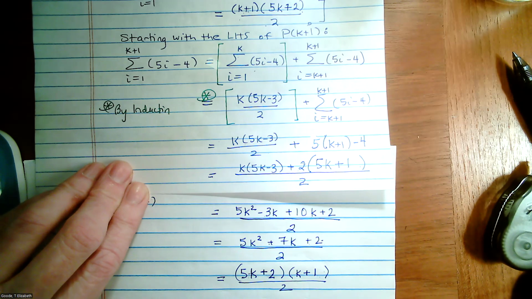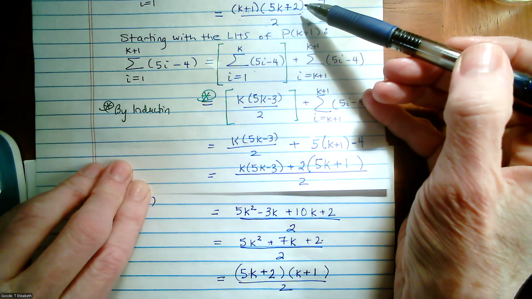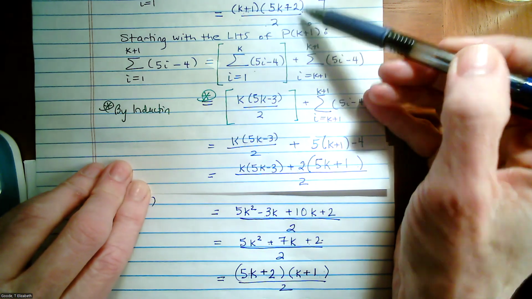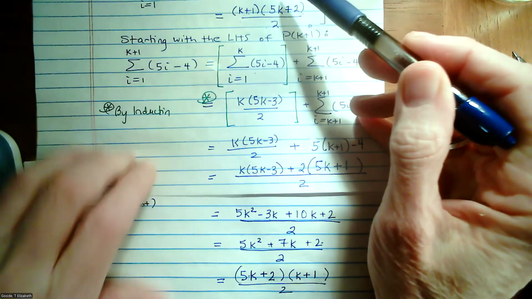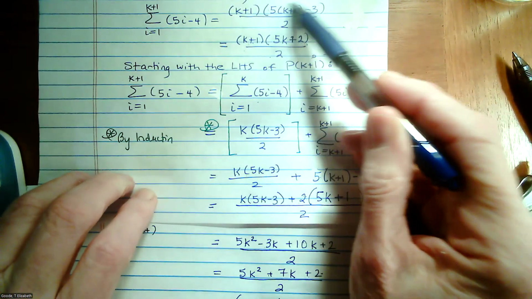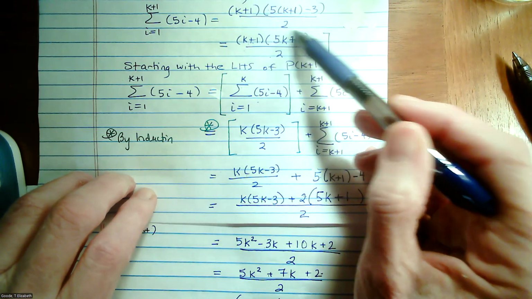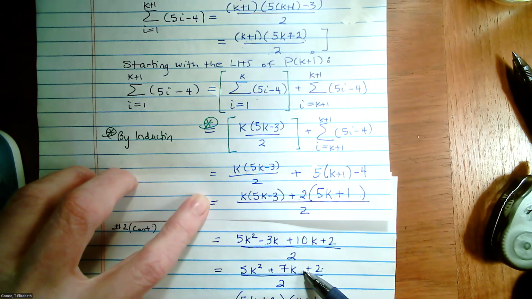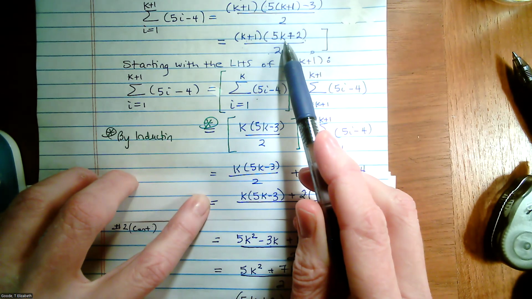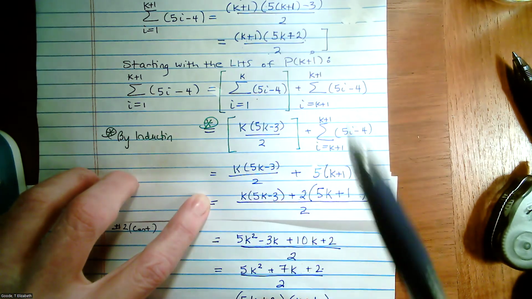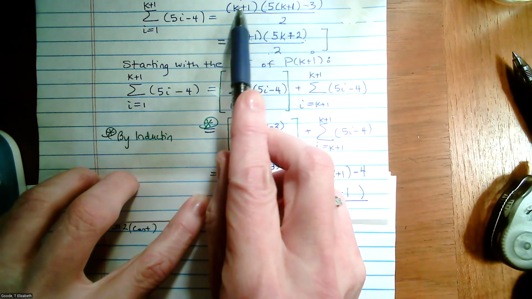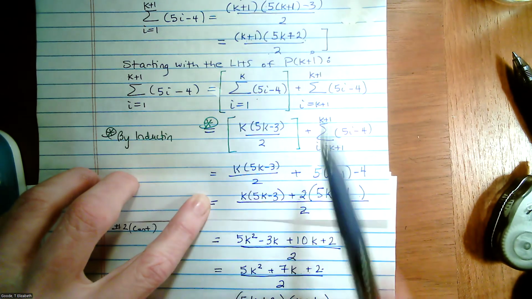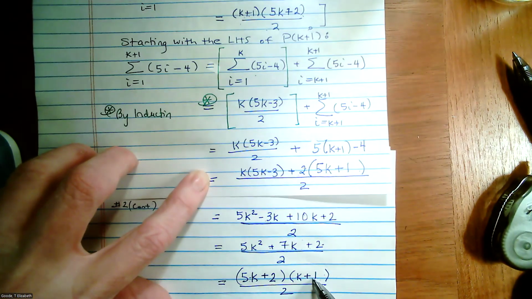So your job is going to be to train yourself to keep looking at what you're shooting for. And again, we simplified our wish from this to this, because this would be hard to see how it connects to this, right? But when we see this, it's easier to see, oh, okay, but either way you slice it, there was already a k plus 1 factored out. We knew we'd have to factor out a k plus 1.